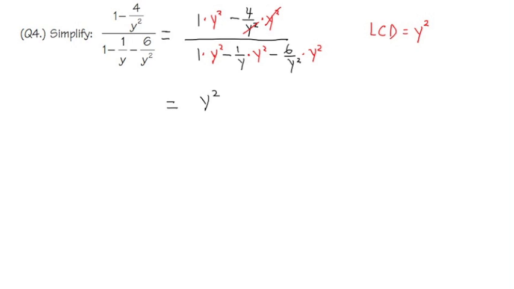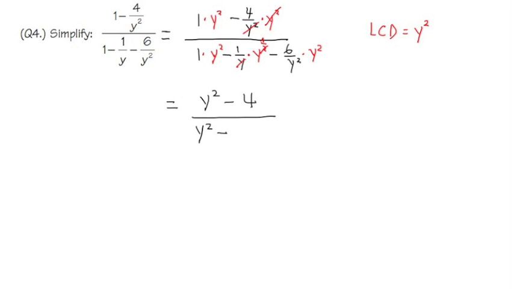We will just get y squared minus 4 on the top, just like that. Over 1 times y squared is y squared, and minus 1 over y times y squared, one of the y's cancels out. Or you can just do exponent 2 minus exponent 1. 2 minus 1 is 1, but usually I can just cross this out and change this to a 1 if you would like.